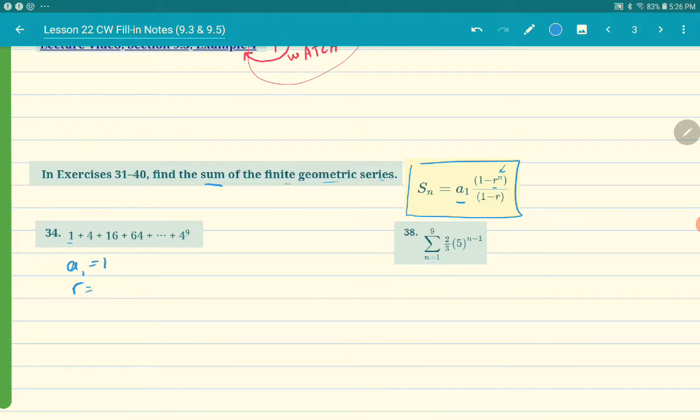R is the ratio from one term to the next, so 4 over 1, or 16 over 4, or 64 over 16. That's always 4, so each term I multiply by 4 to get to the next term. So that's my common ratio. And n, I find by looking at this term and thinking about the formula: this is A1 times 4 to the n minus 1. So n must be 1 more than that, so n is 10.